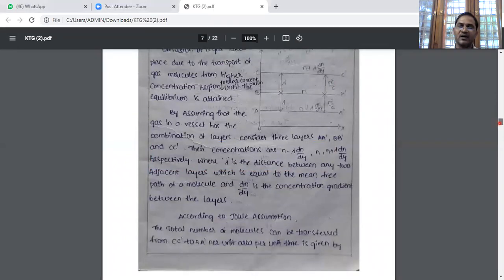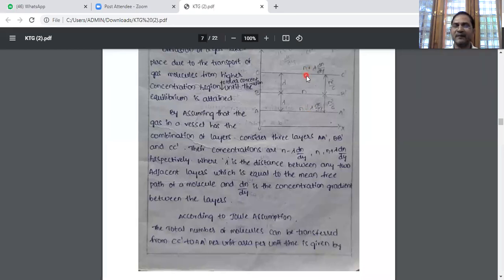According to the Joule assumption, as we discussed in the previous class, the average number of molecules that can move in any direction is given by nc bar by 6. If you see the figure, it is very clear that the concentration gradient is more in CC dash, compared to that, in the BB dash layer it is less, and compared to BB dash, in the layer AA dash it is decreased.